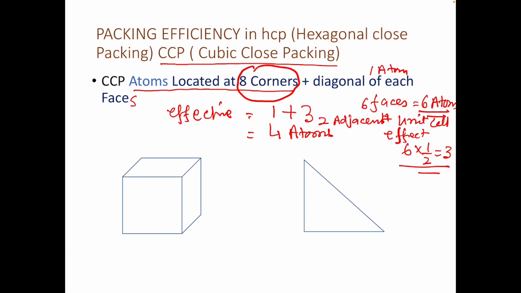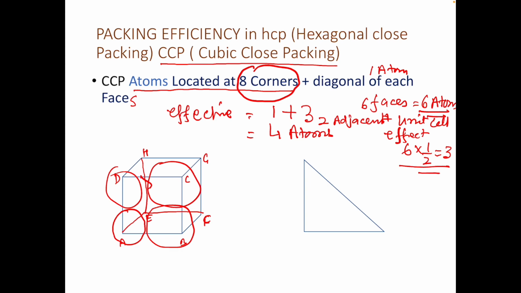Now we take this cube, A, B, C, D, E, F, G, H. For simplicity, we take another figure here, because at each face, if we draw a diagonal, there is 1 atom.